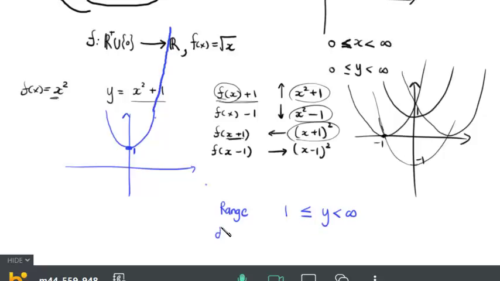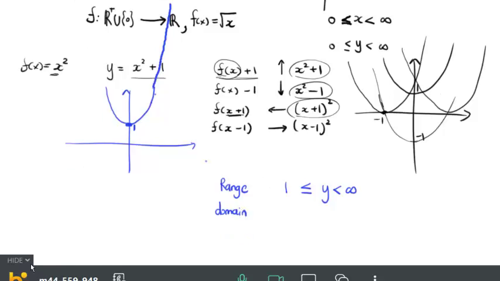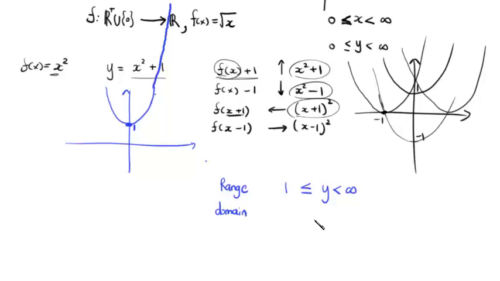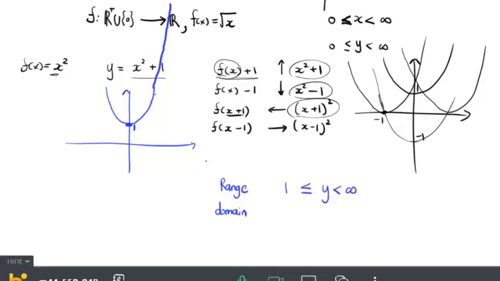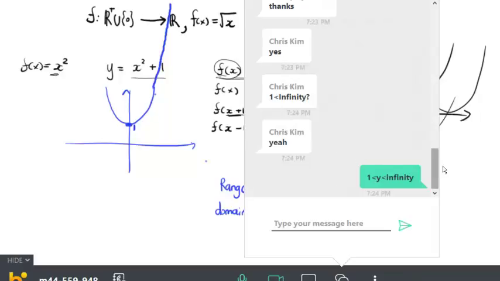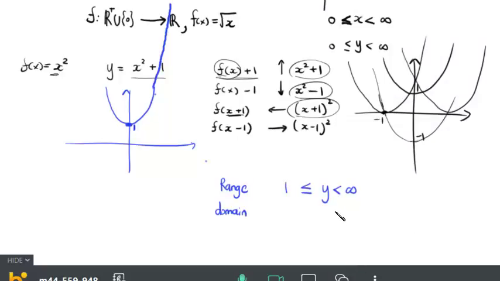So you have to think about the domain as well. What do you think is the domain? Anyone? You can tell me the answer verbally instead of typing it. Lizzie, would you be able to tell me what the domain is for this one? Don't know? The domain is the allowed value of x.